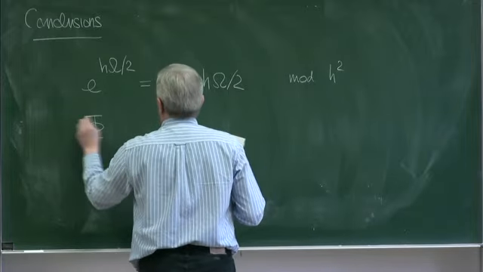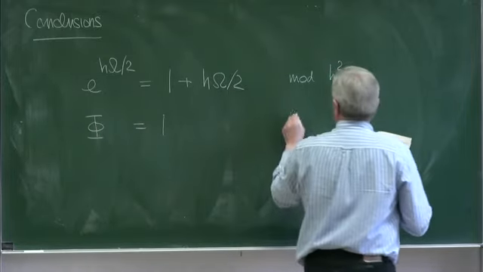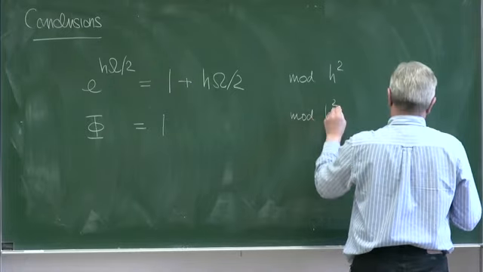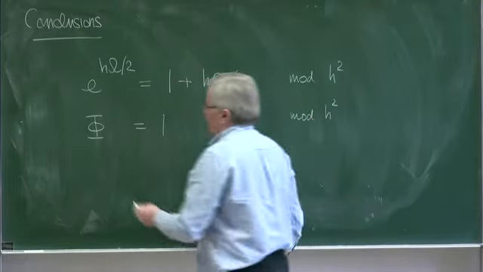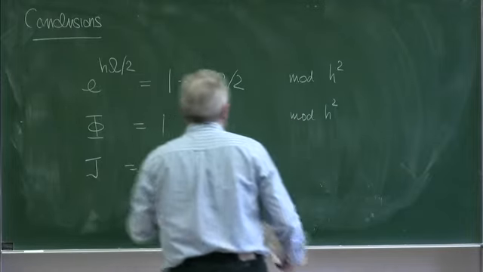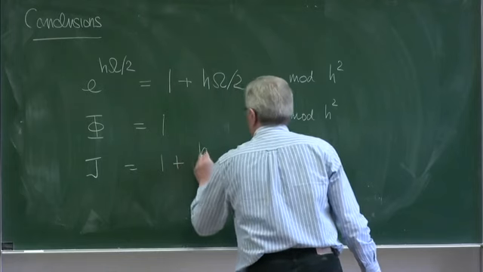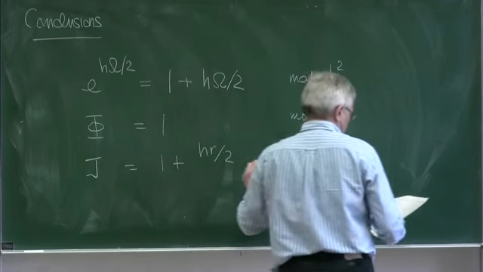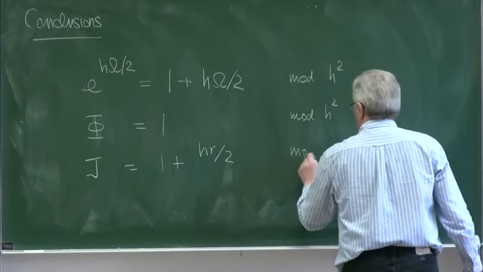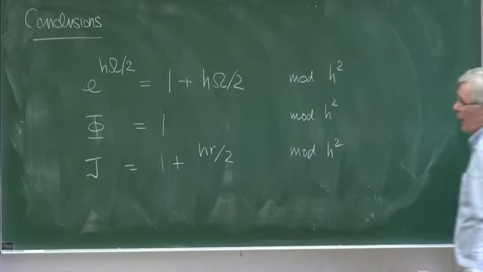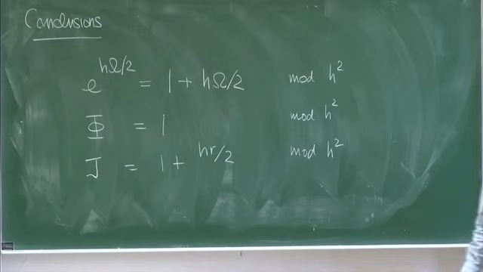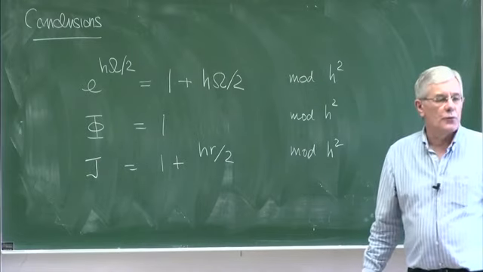Phi is equal to 1 mod h squared. And j equals 1 plus hr over 2 mod h squared. Okay. So at least you see the first order terms of these things.